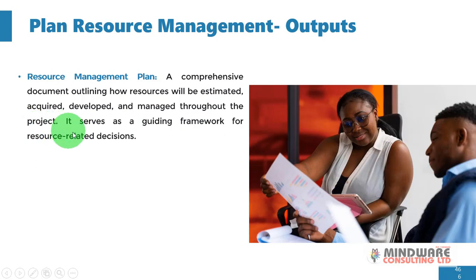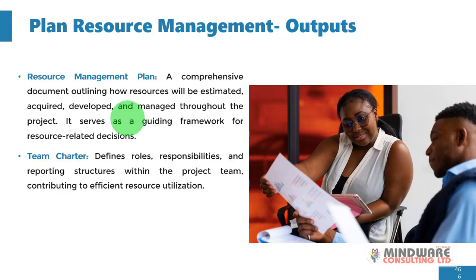Okay, so it's going to be serving as a guiding framework for resource related information. So the resource management plan is the working document that you're going to require, and this will help you in estimating the resources you need, acquiring them, how you're going to develop them and manage them throughout the life cycle of your project.